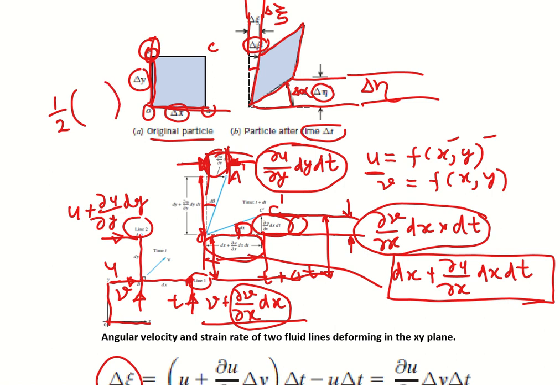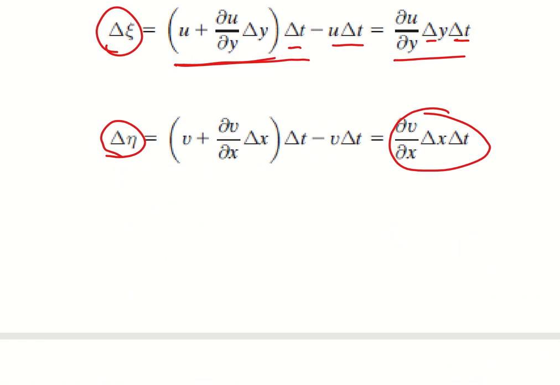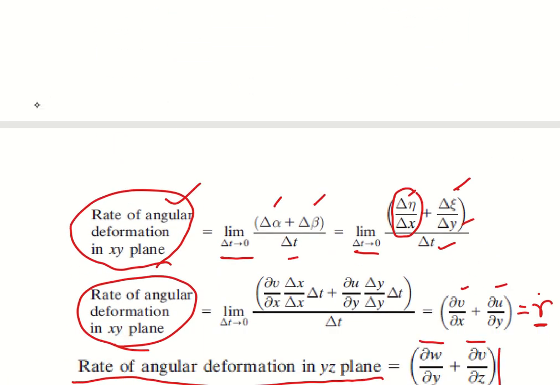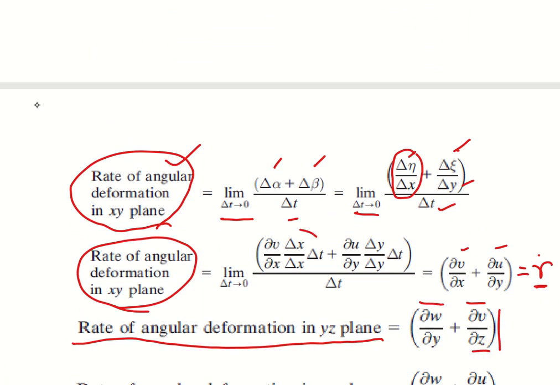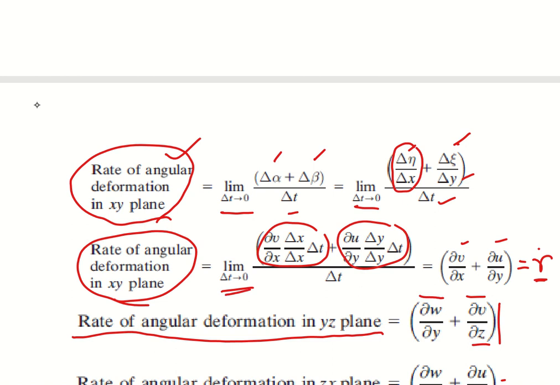We have already calculated delta alpha and delta beta. What are delta alpha and delta beta? Delta alpha was this thing and delta beta was this thing, and ultimately, by using the limit and the definition of the derivative, this portion is delta alpha and this portion is delta beta.